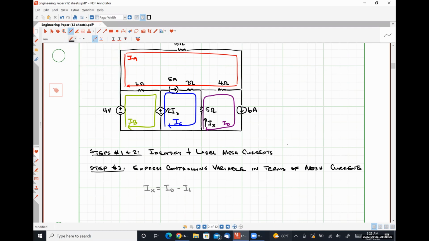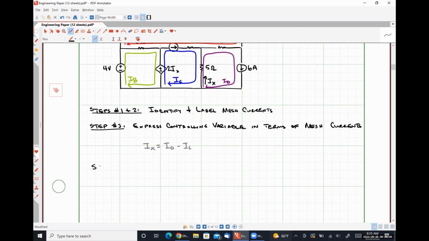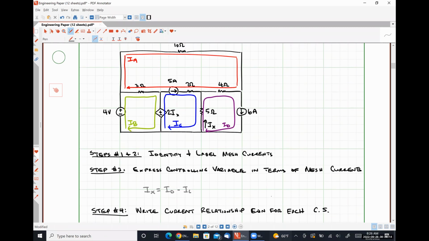So that's our new step 4. CS here just stands for current source. So we have 2 current sources in this circuit.